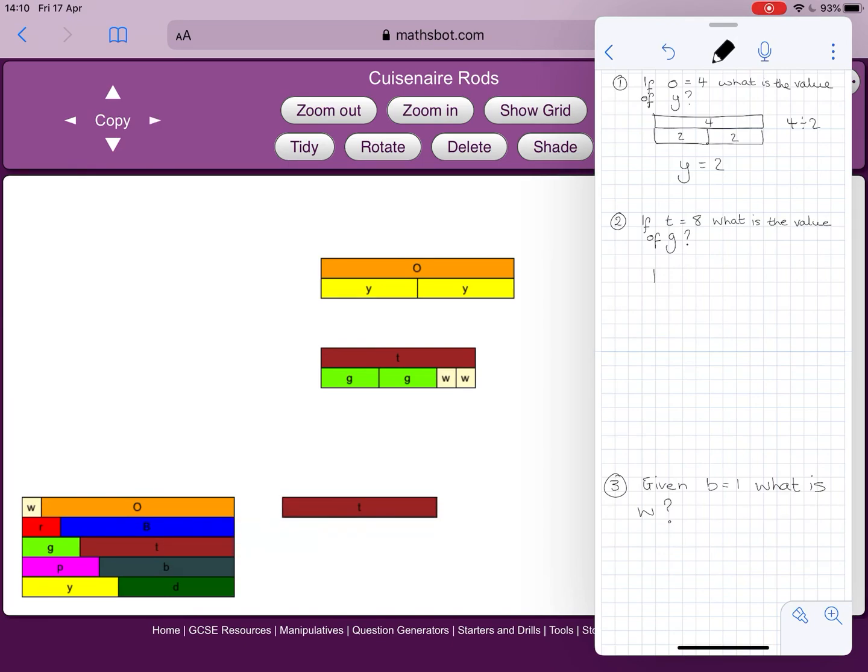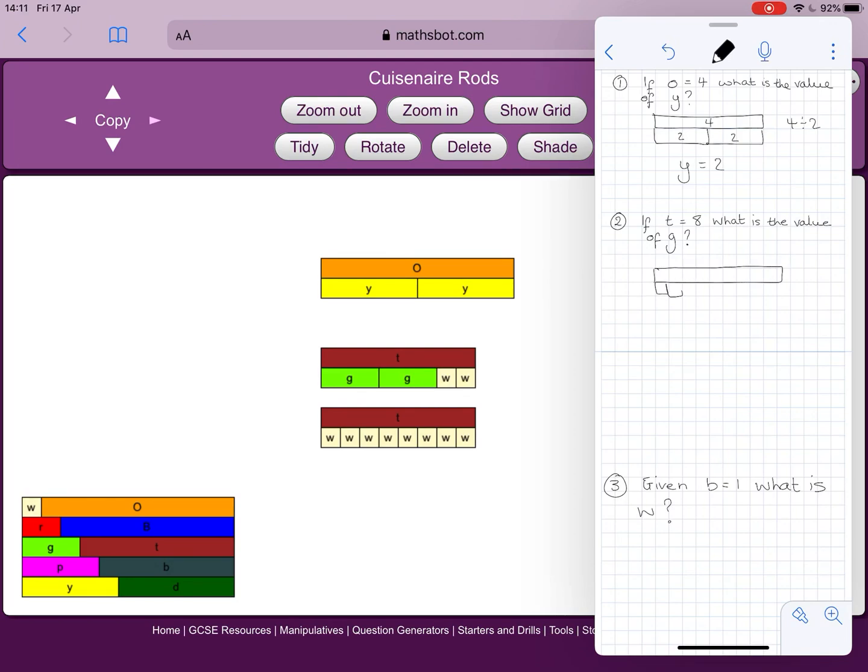So we're going to draw that again, but this time I'm going to just use W. So how many W's fit along that T? Okay, so 1, 2, 3, 4, 5, 6, 7, 8. So I'm going to draw that picture, because if T is 8, then 1, 2, 3, 4, 5, 6, 7, 8.